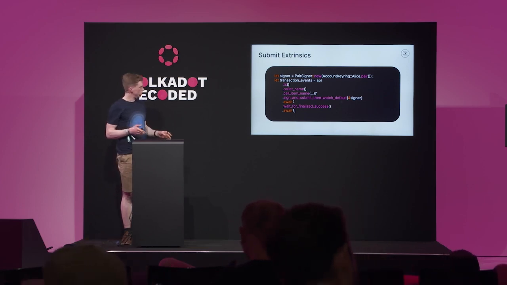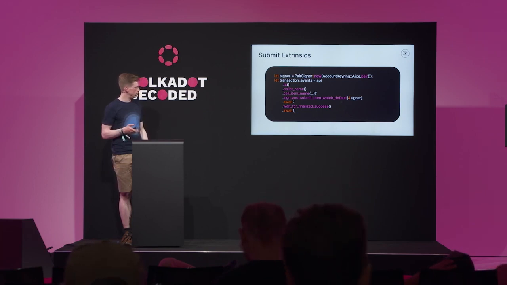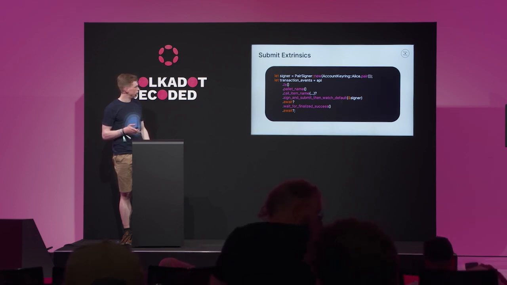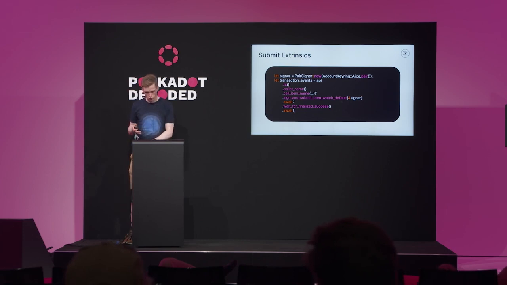We can see here we're waiting for finalize success, so this is waiting until the transaction is actually included in a finalized block, and the result of this is something called transaction events, which will contain all the events output by that extrinsic, which is quite handy to filter over.